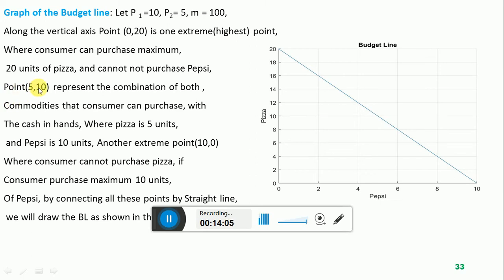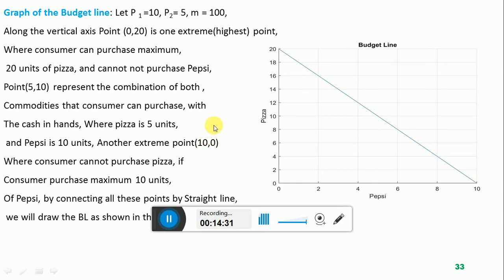This is another point which represents a combination of both commodities. The third point, that is 10-0, means that the consumer is spending 100 Afghani to purchase only one commodity, Pepsi, and the consumer can purchase 10 units, 10 bottles of Pepsi, when the consumer is not purchasing pizza, 0 pizzas.